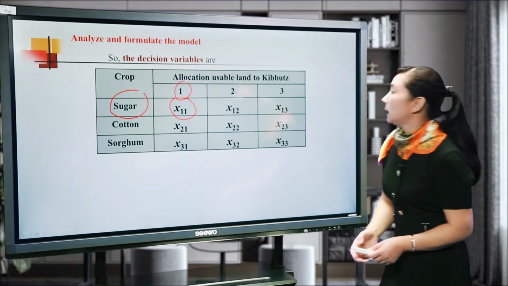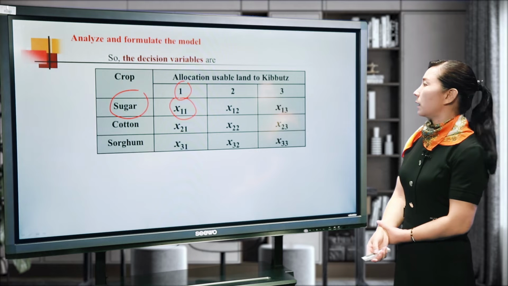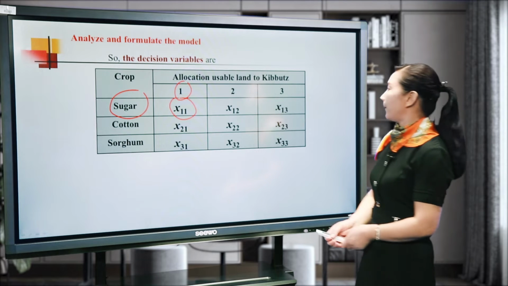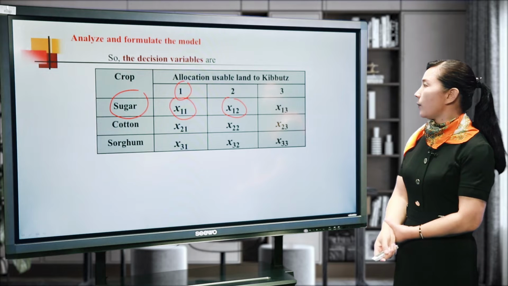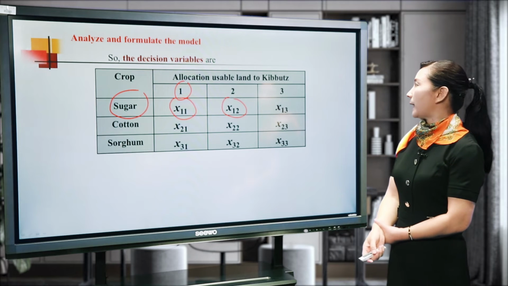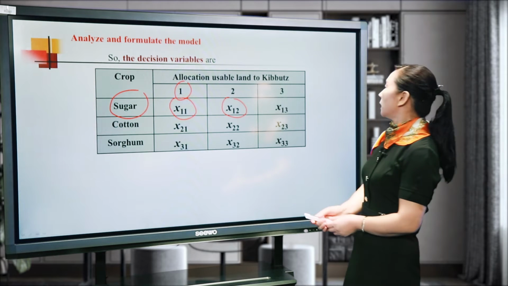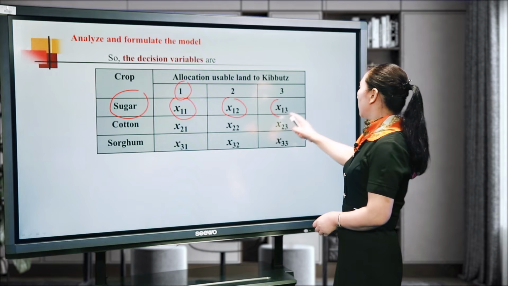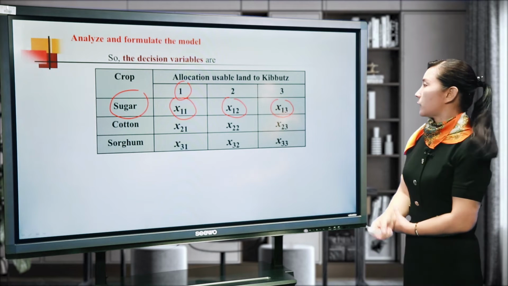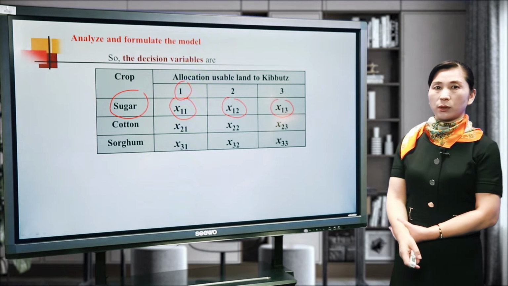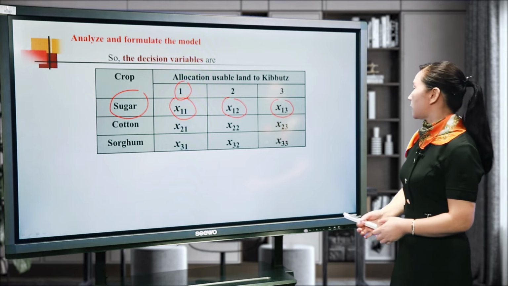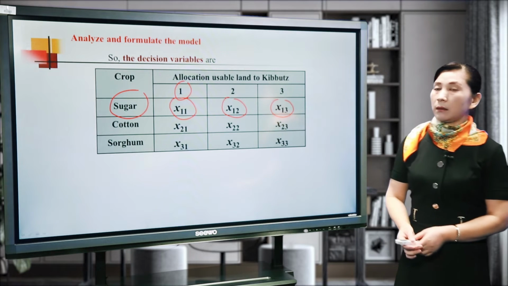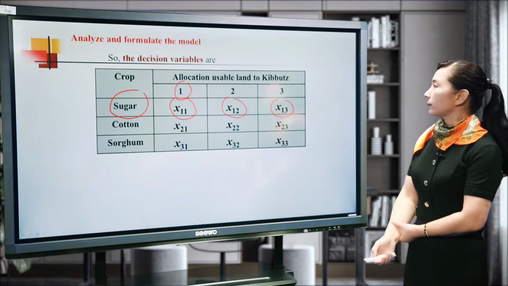X11 means how many acres of sugar beets are planted in kibbutz 1, and x12 is how many acres of sugar beets are planted in kibbutz 2, and x13 is how many acres of sugar beets are planted in kibbutz 3, and similarly for the other decision variables.